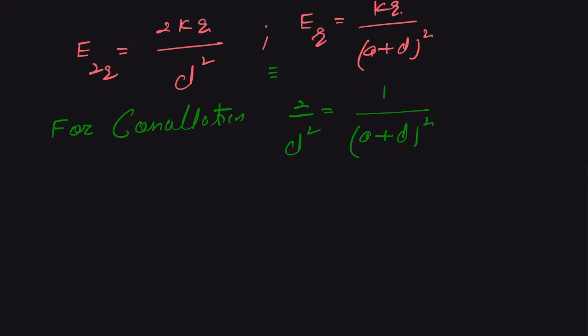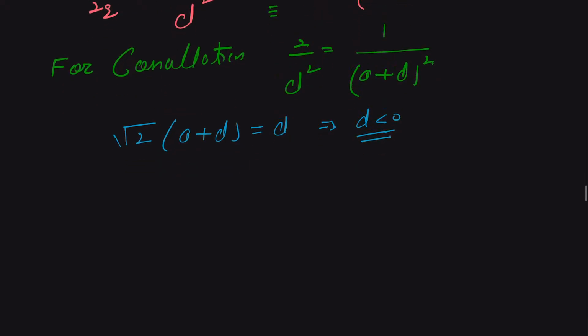This will give us square root of 2 times a plus d is equal to d, and this gives us that d is less than 0, which means we can say there is no solution.